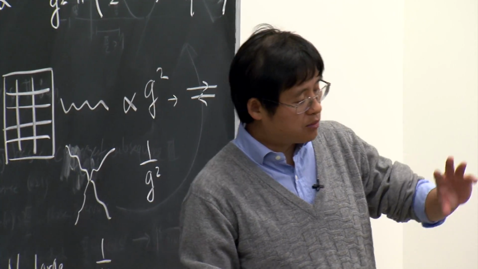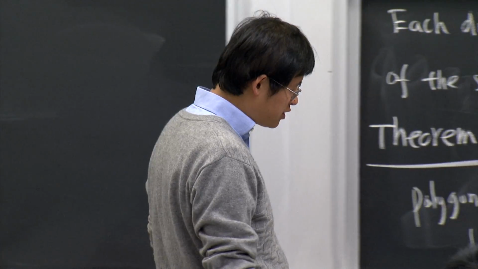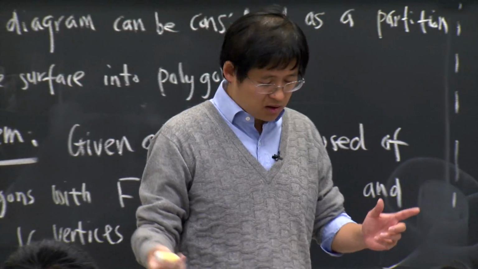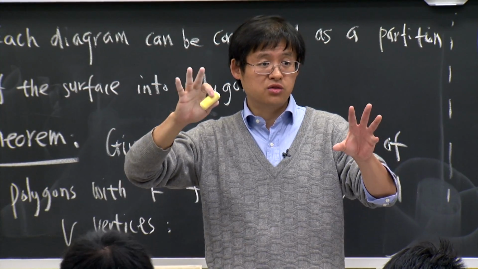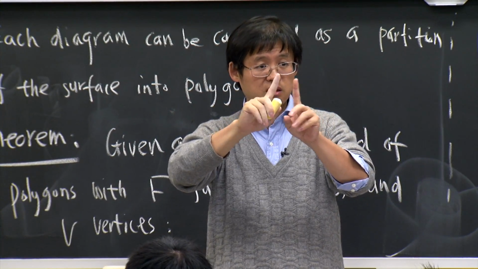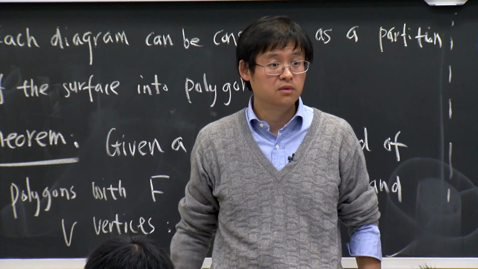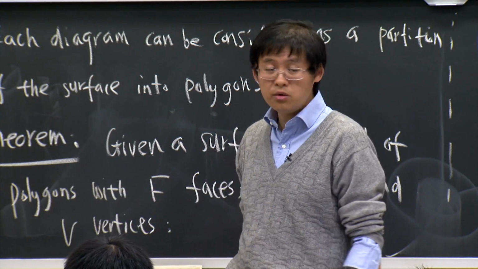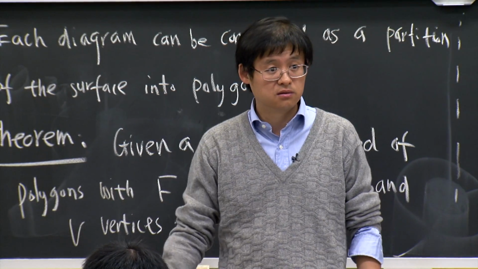I'm going to mention this in passing later, but let me just mention it also now. If you consider, say, if it's not a Hermitian matrix, say if it's a real symmetric matrix, then there's no difference between the two indices, and then there's no orientation, and that will be related to non-orientable surfaces, and then you need to slightly generalize this.